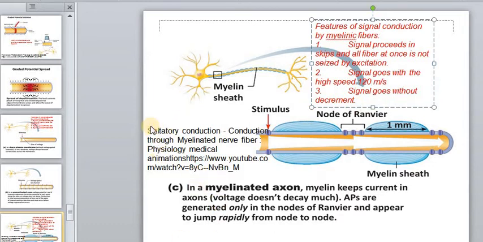And here we can find the video about saltatory conduction and conduction through a myelinated nerve fiber. It's very interesting how the signal moves through this nerve.